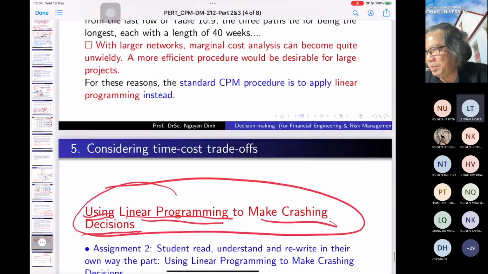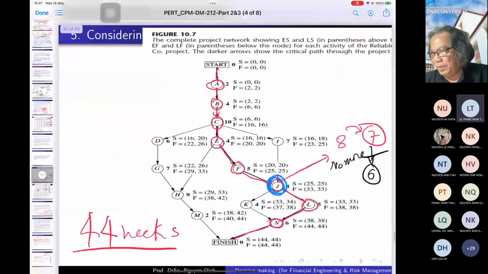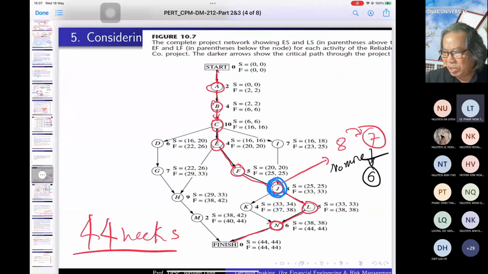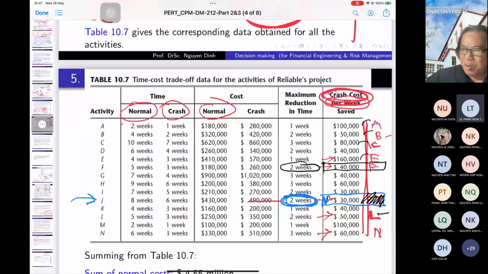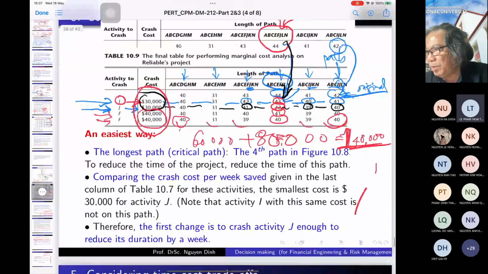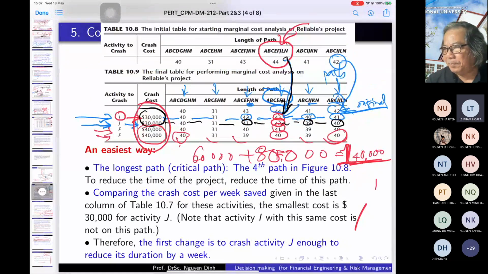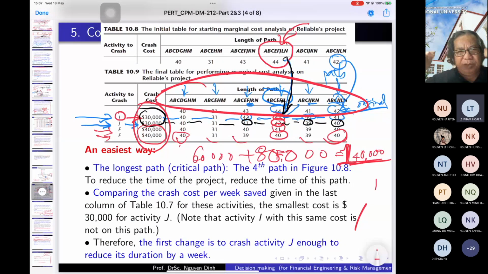In each node we have to work with a table like this. We choose the smallest one, and then we list all the paths here, and we do it all by hand. This is only available for small projects, not big. I just want to teach you the idea.